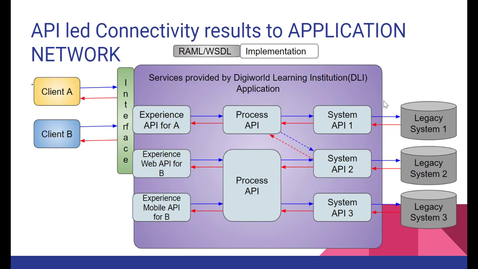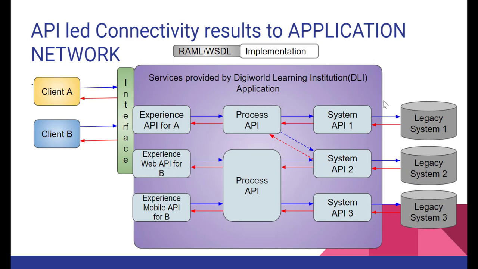Here you need to remember that a process API can interact with any of the system API as well as experience API, right? But experience API and system API, I repeat, they cannot call each other directly. That means experience API for A cannot directly call the experience API for B. It is the standard we follow here.